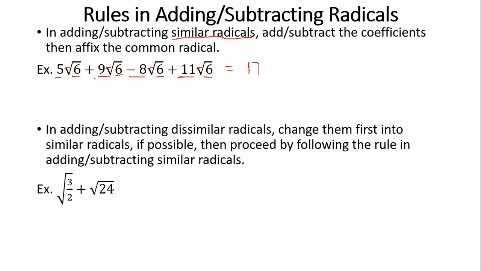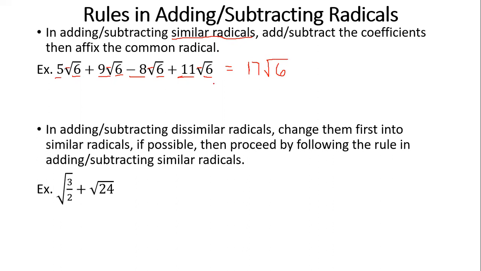So, 5 plus 9 is 14 minus 8, that will be equivalent to 6 plus 11, that is 17. Then we affix the common radical, and that is equivalent to 17 square root of 6. Ayan, idadagdag nyo lang po yung common radical. Ganun lang po kasimple pag similar yung radicals natin.